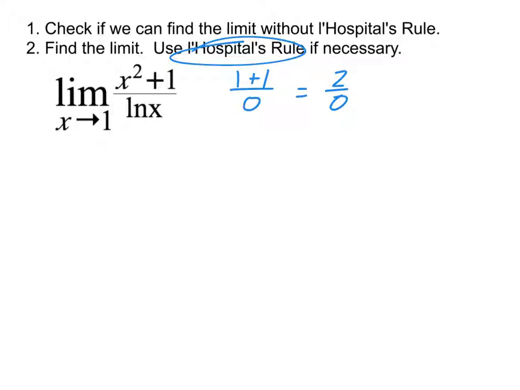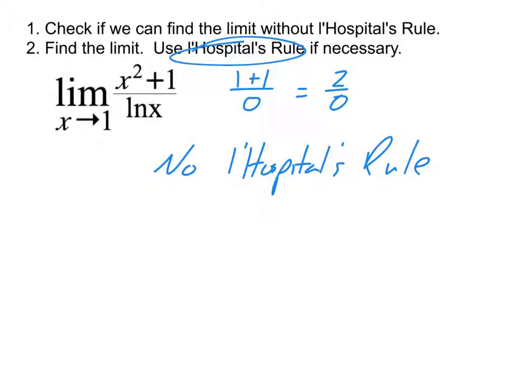I don't have that. I got 2 over 0. So what is happening here then? Well, we aren't going to get into how we would find it. All we determined here was that we cannot use L'Hopital's rule because of that.